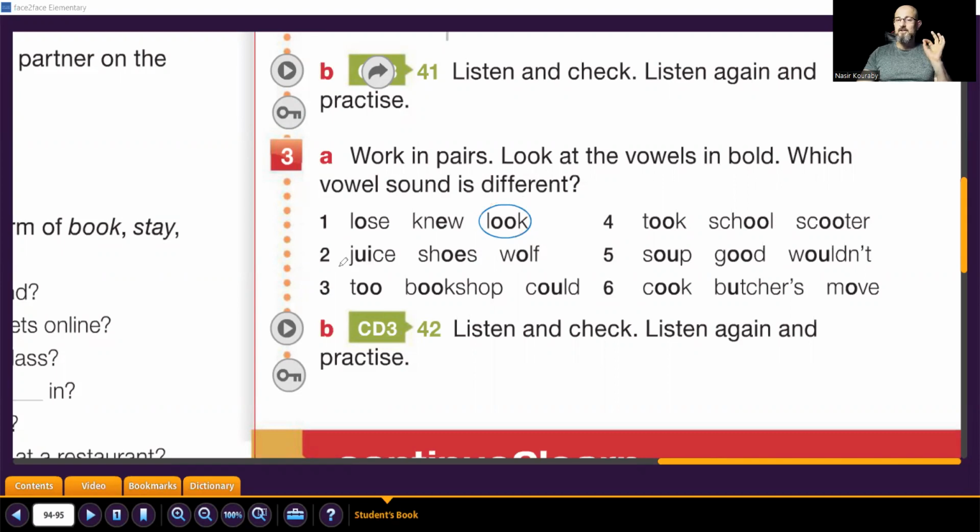The first one is juice, long. Okay, and here shoes, and here wolf. So this is the different. Okay, now again, stop the video, read all the words, choose the different word. After that, we'll check together.